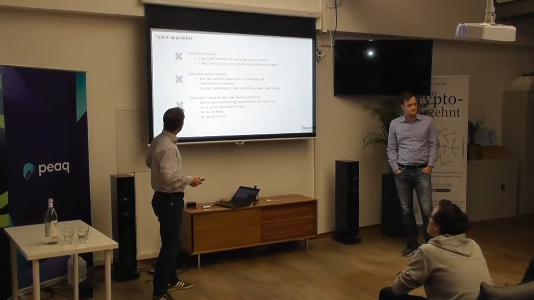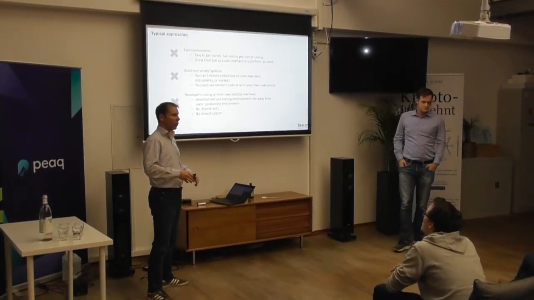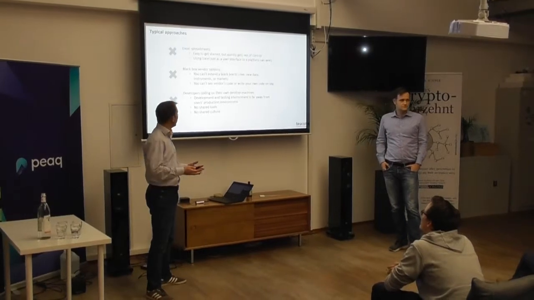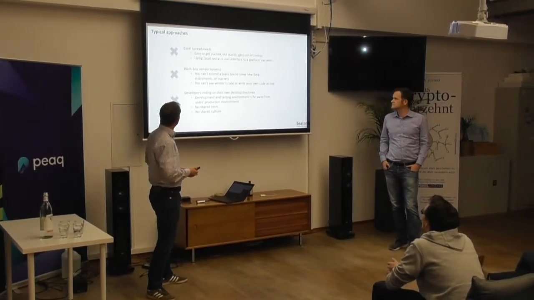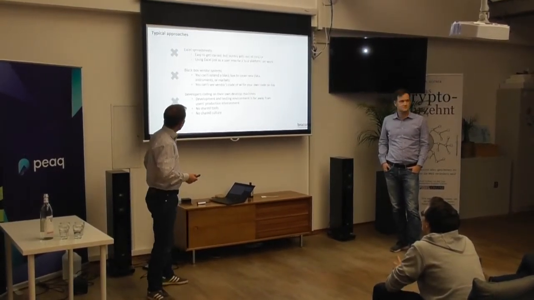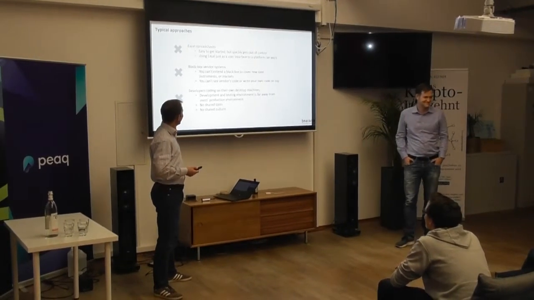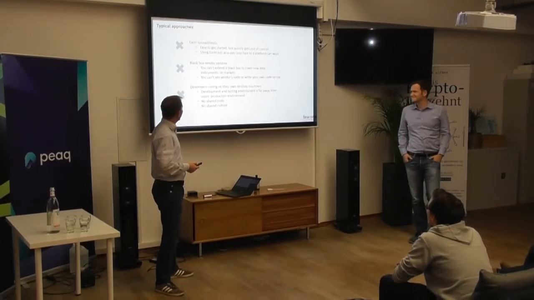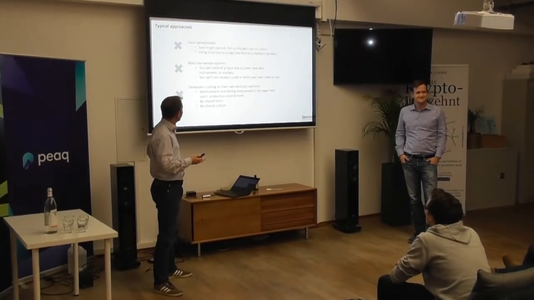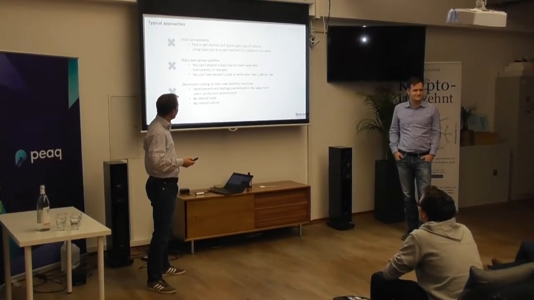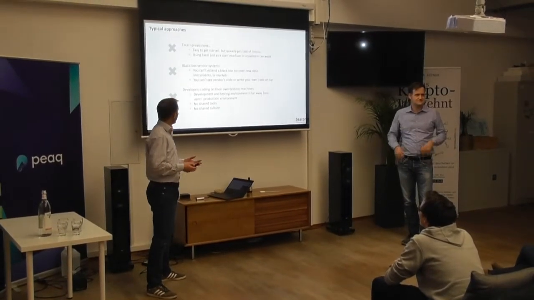Now, as I said, usually what you do is you start with something which is easy to implement. Say you start with an Excel spreadsheet. That's easy to get started, but quickly gets out of control, as you all might have experienced. Also, people then tend to use Excel as a user interface and build something around that.